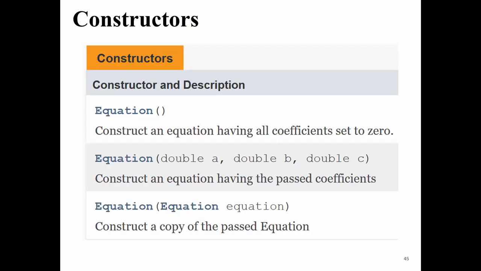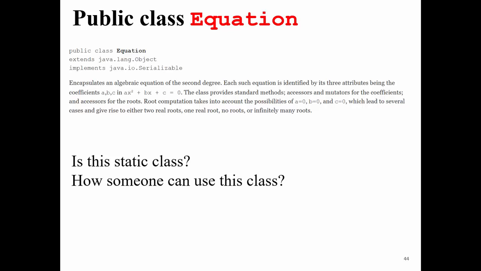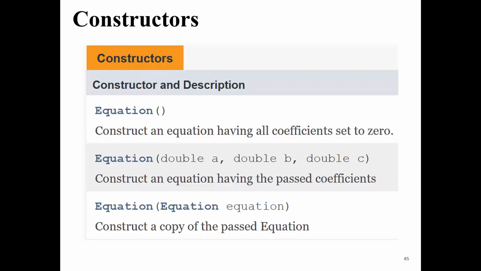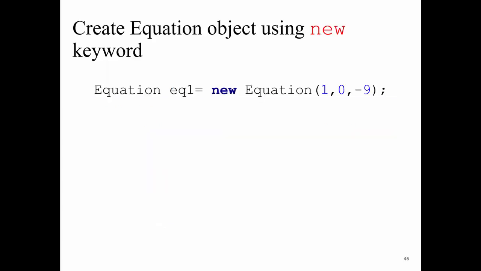So we have constructors. The author of this class provides an Equations default constructor, and also an Equations(A, B, C). What is A, B, C? I have to go back to read the description. It creates a second order equation ax squared plus bx plus c equal to 0. So I know A, B, C is consistent with what I'm looking for, and also we have a copy constructor.